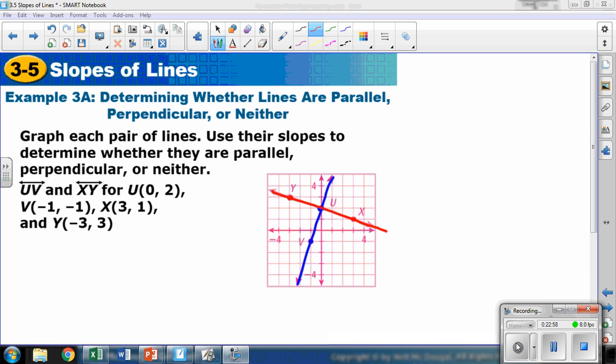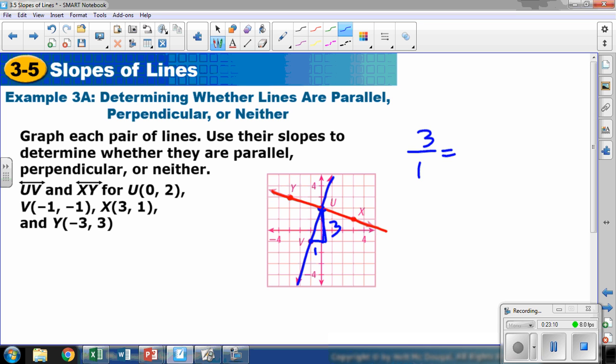Over here with the blue, we're going to note a rise of 3, a run of 1. 3/1 gives us a slope of 3. With the red line, we have down 2, then right 1, 2, 3, 4, 5, 6. So down 2, right 6.